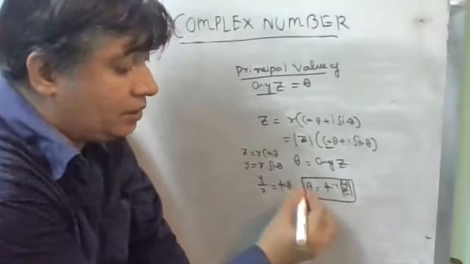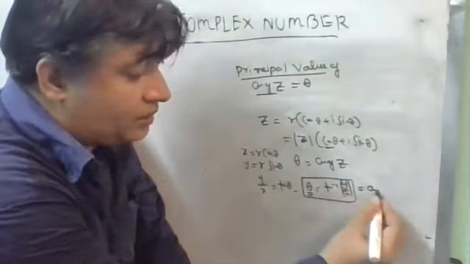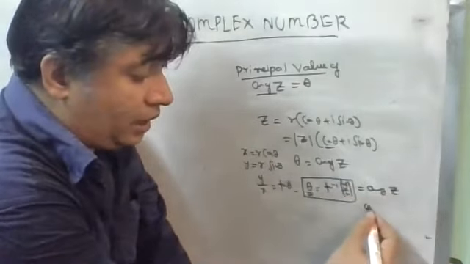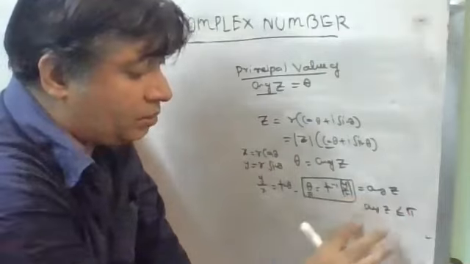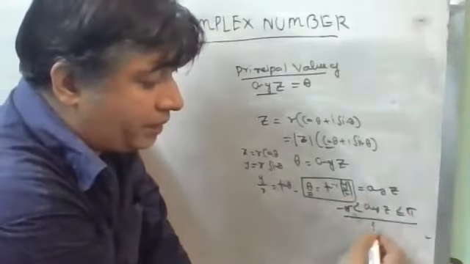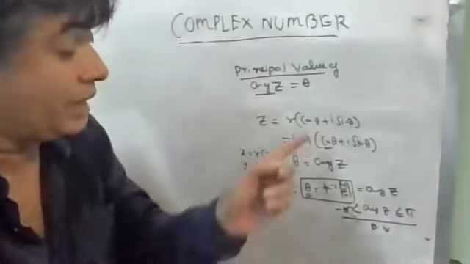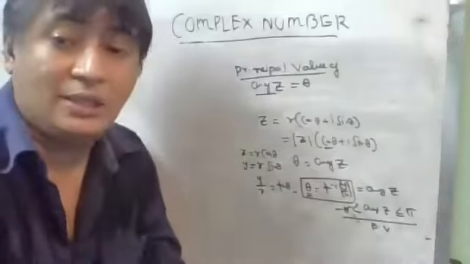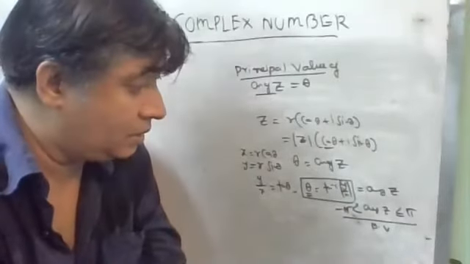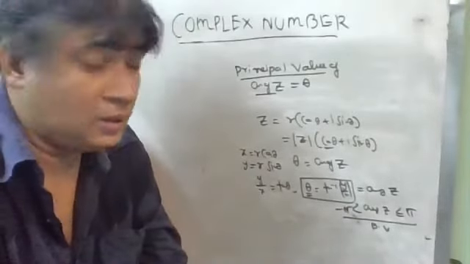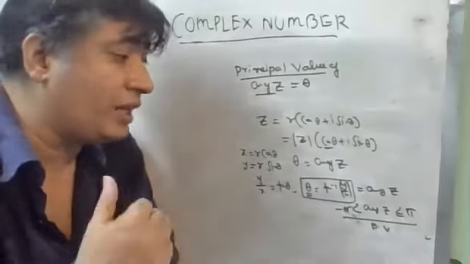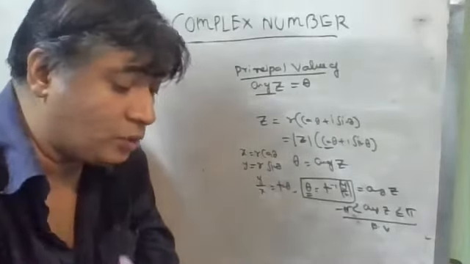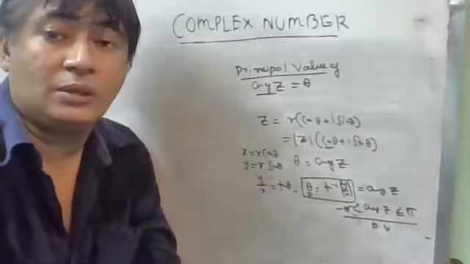This is the argument of z, where the principal value of the argument lies between minus pi to pi. That is the principal value, and it will play an important role in joint entrance level exams. Hope you understood. So converting from Cartesian form to polar form, we are taught.